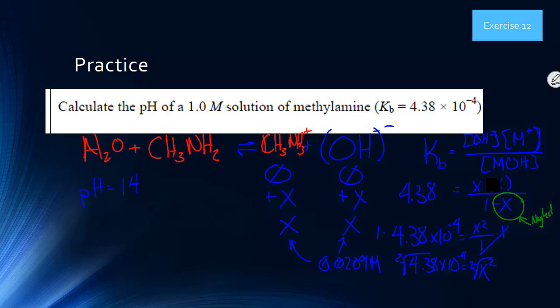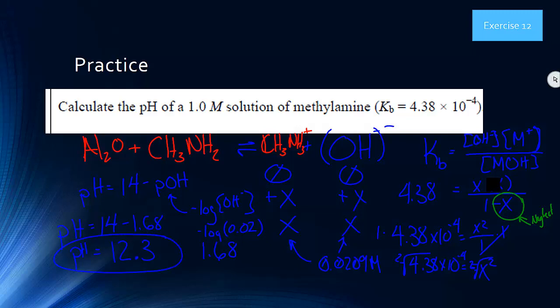In order to do that, we're going to do 14 minus the pOH. The pOH we can calculate now as the negative log of the concentration of hydroxyl. So the negative log of 0.02 tells us that the pOH is 1.68. So pH equals 14 minus 1.68. So the pH is 12.3.